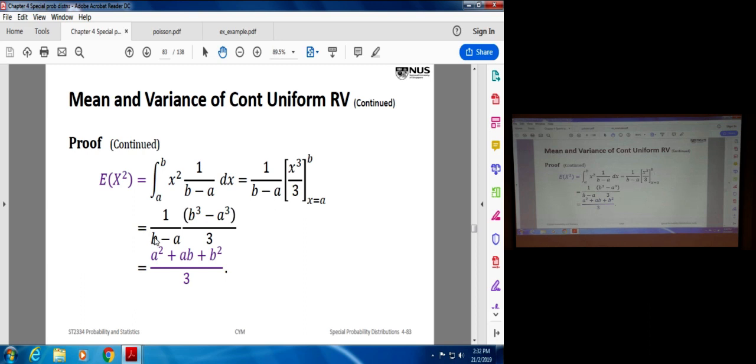So this is straightforward. I get 1 over b minus a, times b to the power 3 minus a to the power 3. Now you can check that b to the 3 minus a to the 3, over b minus a, is equal to this. If you want, you can use the trick with polynomials where you divide through by b minus a, and you'll get this.